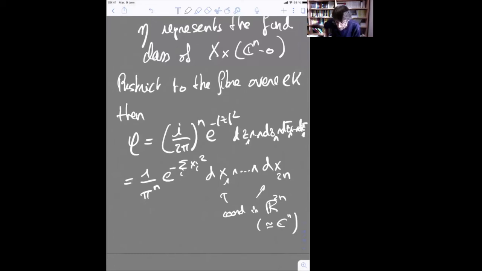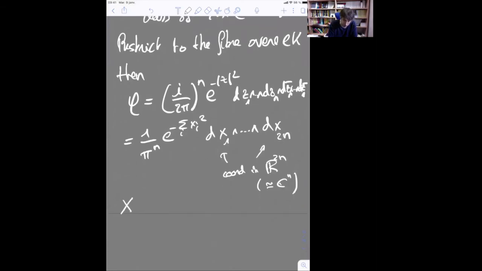Okay, and now in these coordinates, the radial vector field is just the sum of xj dxj. So I can compute iota of phi, iota X of phi, to get psi.